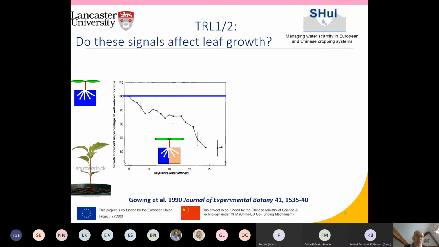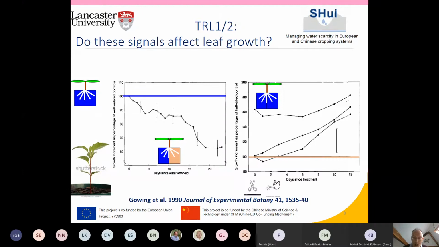Again, this was interpreted as evidence that the leaf growth was being constrained by chemical signals moving from the roots to the shoots, because the measurements of the leaf-water relations did not show any significant change between the two groups of plants. Within this experiment, there was also a recovery phase included.